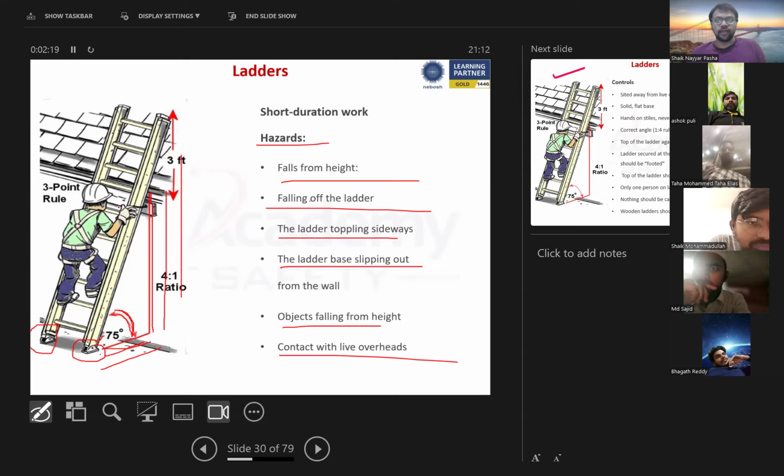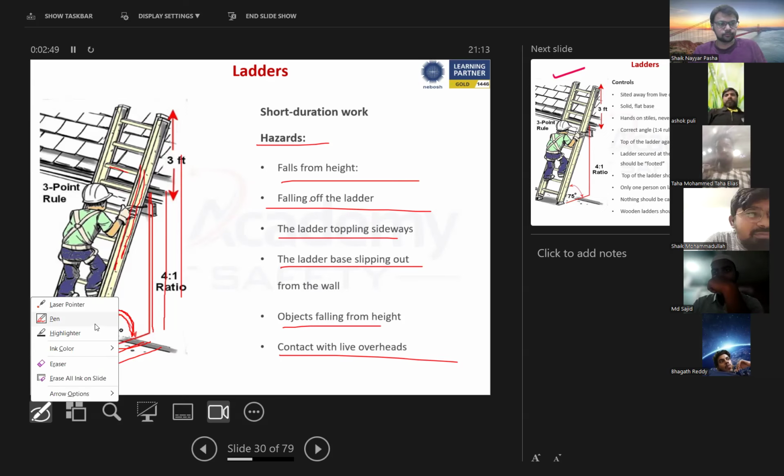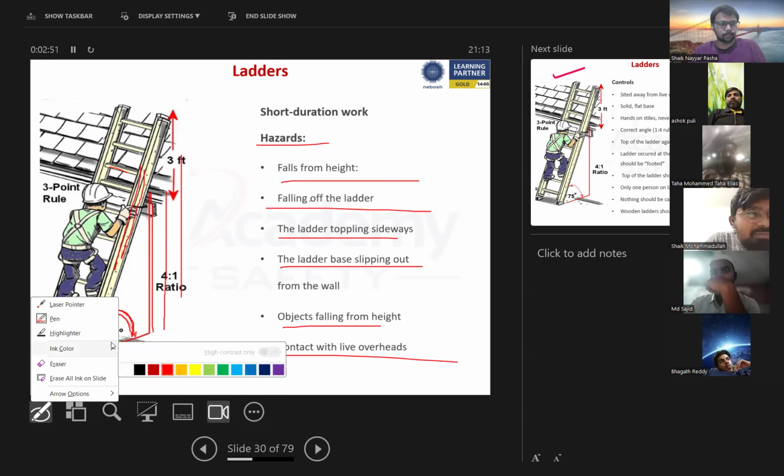And whenever you are climbing the ladder, make sure there is a 3-point contact: two hands and one leg, or two legs and one hand. Mainly, this contact should be maintained. Hands should always be on the stiles, never on the rungs.